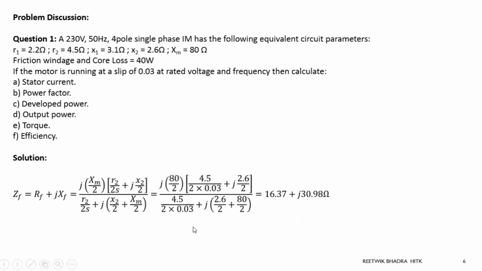You do this calculation. I expect that everybody can do this calculation till now. So you can get a value in polar form, and that can be converted into rectangular form and kept. Always keep your answer in rectangular form. You need rectangular form later because you need RF to calculate those powers. So ZF is equal to 16.37 plus j of something ohms.